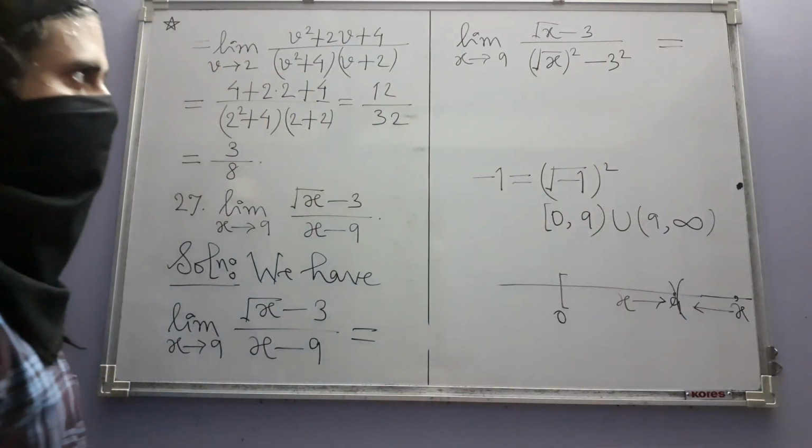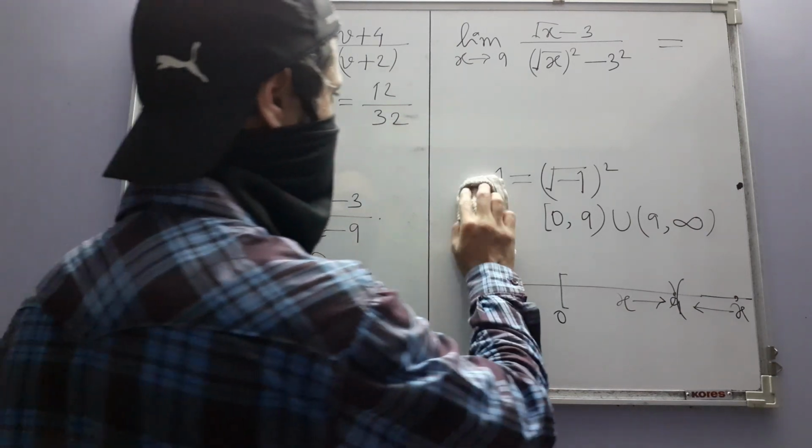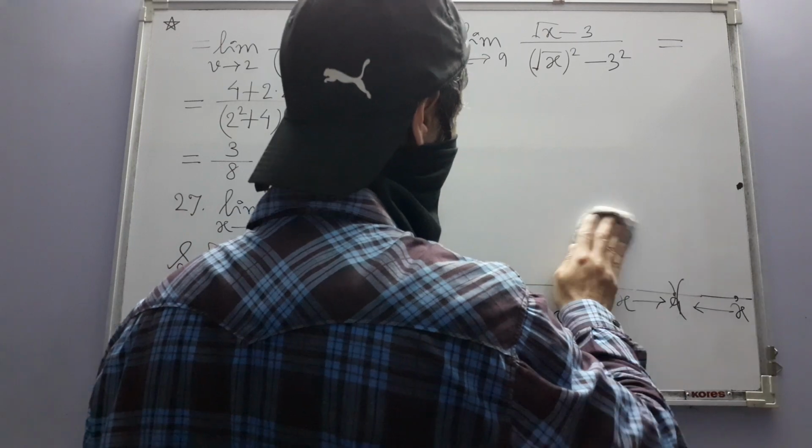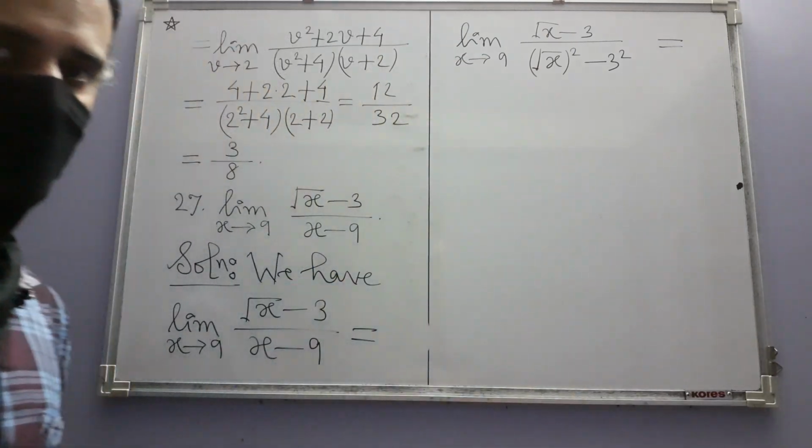And now you can see that there is a possible factorization in the denominator. We won't write the reasons here explicitly, but the reasons are there in the background.